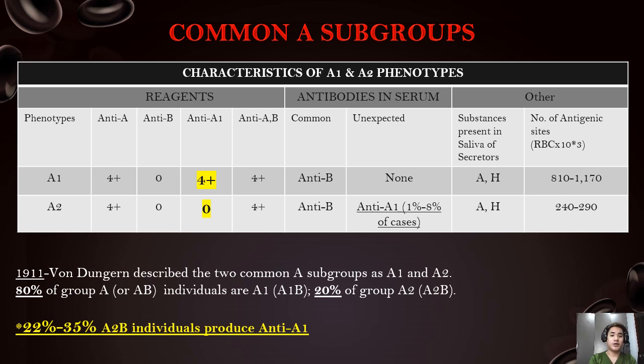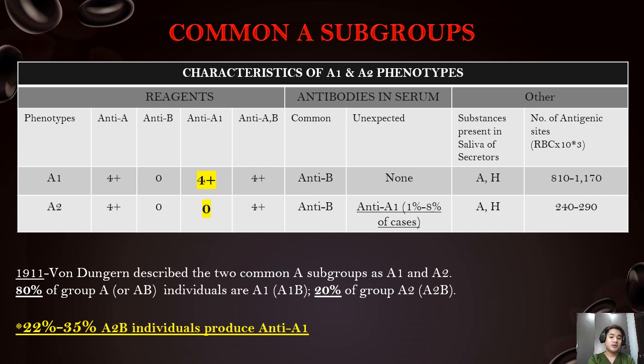So, okay, class, one more important thing to remember, that I have mentioned in our earlier slides: in group AB individuals, the B gene is more competitive than the A gene at H determinant sites. And since subgroup A2 is a weaker subgroup than A1, it means therefore that in a group A2B individual, this potentially results in a more jeopardized A2 conversion efficiency since the B gene will dominate the H antigen sites. So it means there is a complete absence of both A antigen C and D determinants in a group A2B.